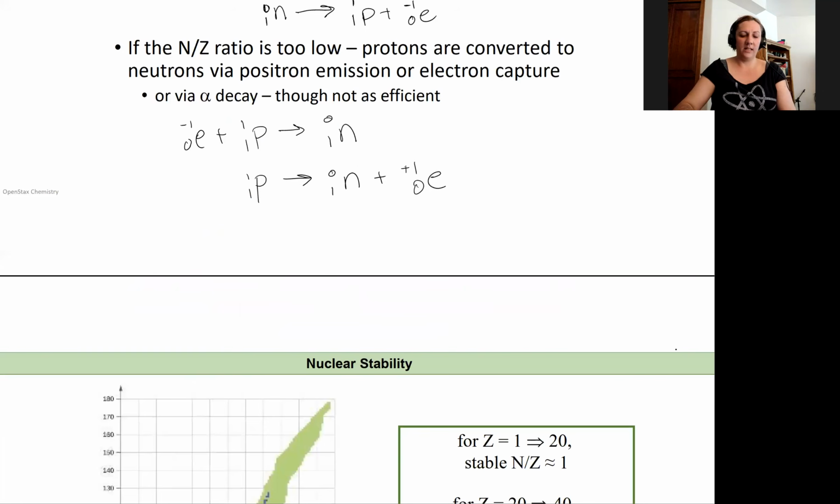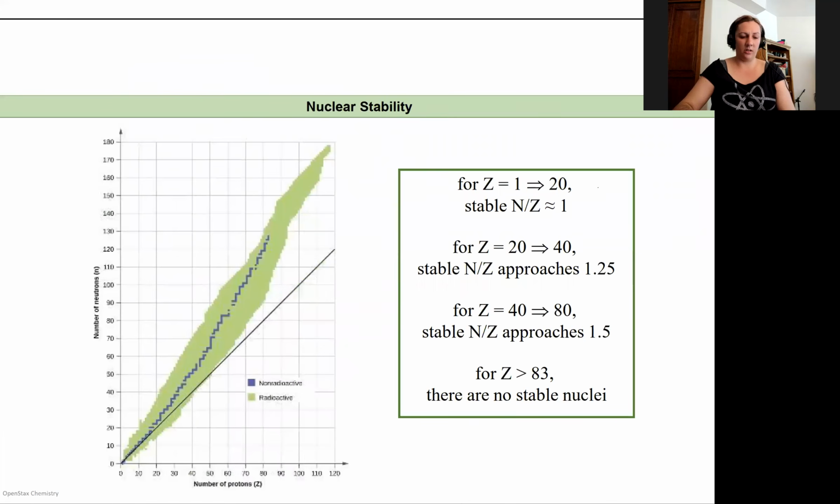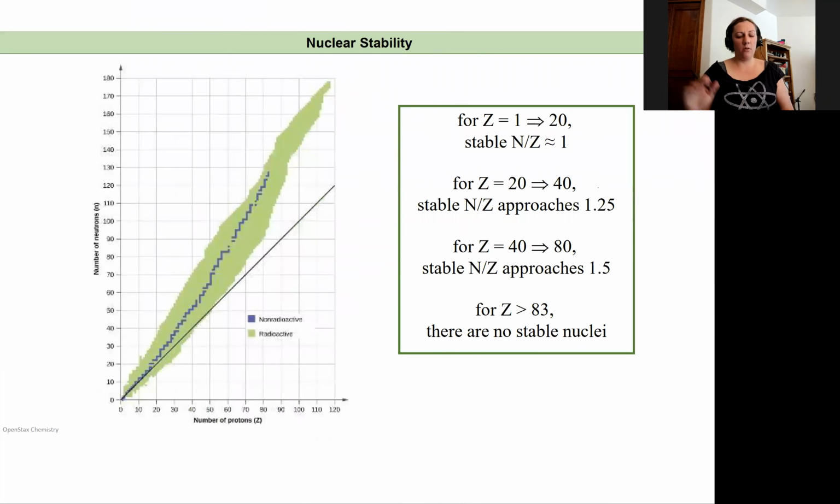So here's an interesting chart, I like this chart, showing all of our different common isotopes for different elements. What it's plotting is the number of neutrons here on the y-axis and the number of protons on the z-axis. This black line right here is a 1-to-1 ratio of protons to neutrons.